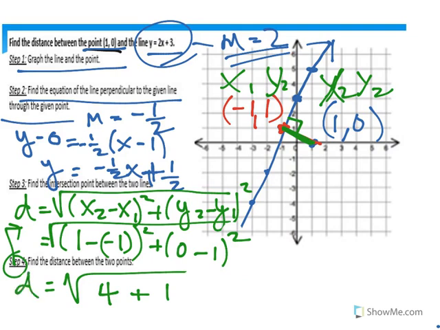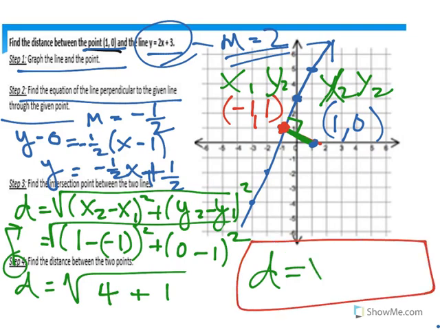So the distance between this blue dot and this red dot, these 2 points, is this green line that we created. The final distance here would be the square root of 5, which is like 2 point something. And we'd be done. All right, let's move on.